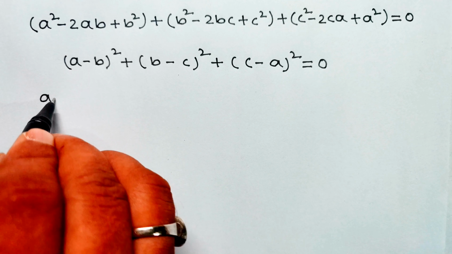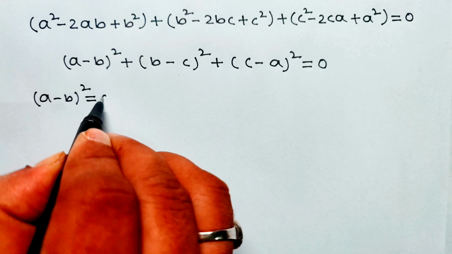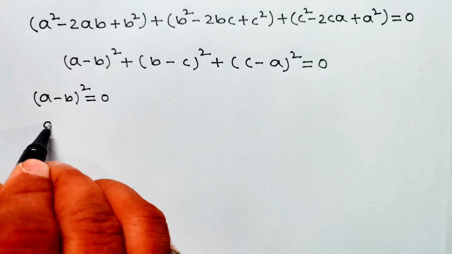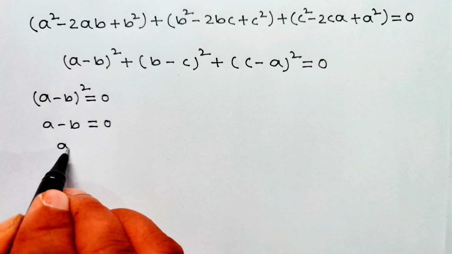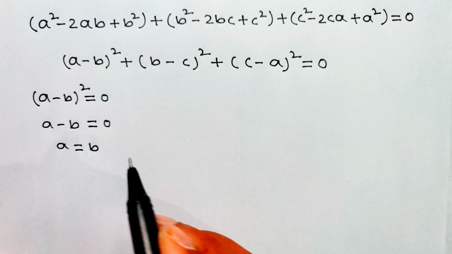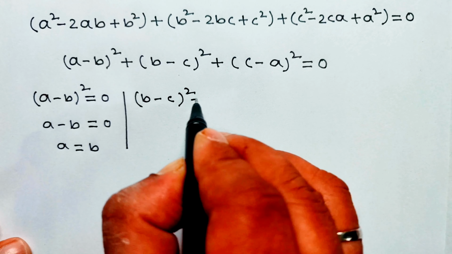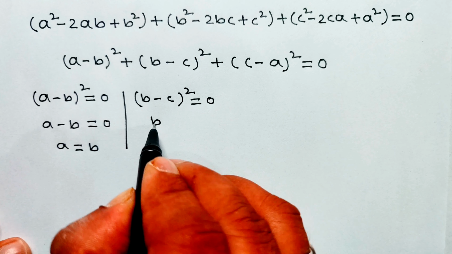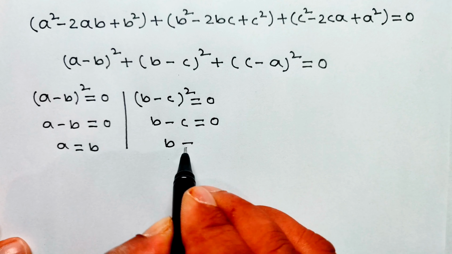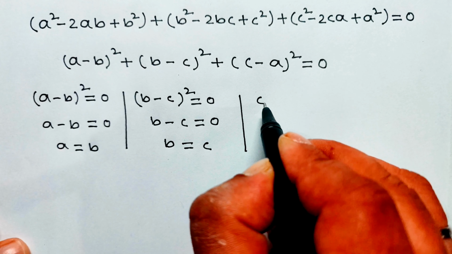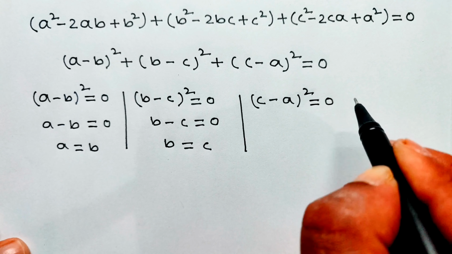Then (a − b)² = 0, so a − b = 0, then a = b. (b − c)² = 0, b − c = 0, then b = c.